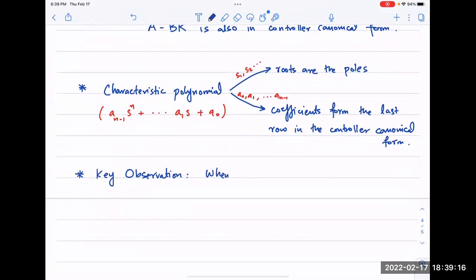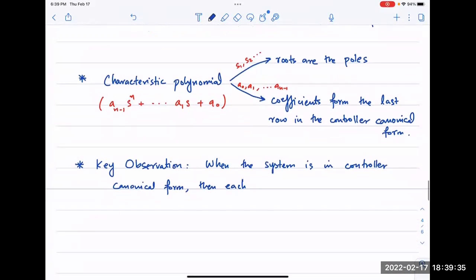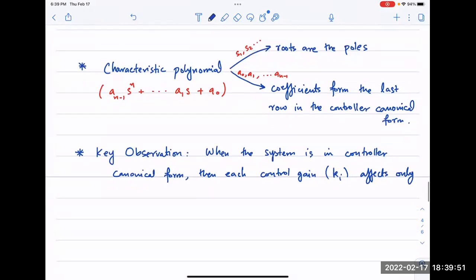So when the system is in controller canonical form, then each control gain, which is small ki, affects only one of the coefficients of the characteristic polynomial.